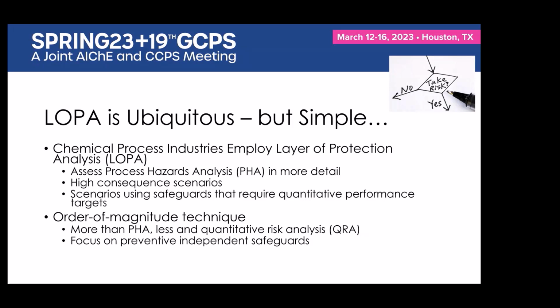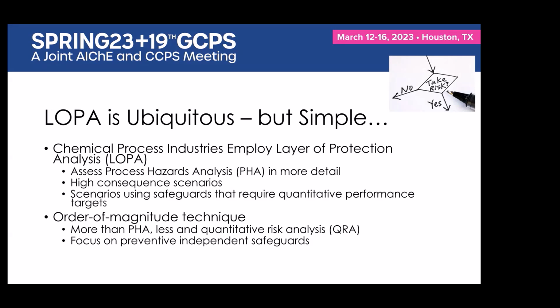Well, number one, if the HAZOP team thinks more detail is required, that's generally a good indicator that more detail is required. But beyond that, a lot of times LOPA gets performed when the consequences are high. So if the HAZOP team says there's a fatality or a potential fatality as a result of this event, they might want to not just use the qualitative HAZOP and switch over to the semi-quantitative LOPA.